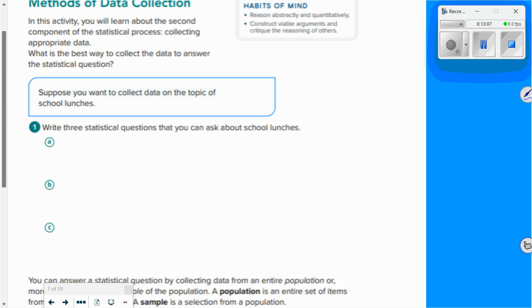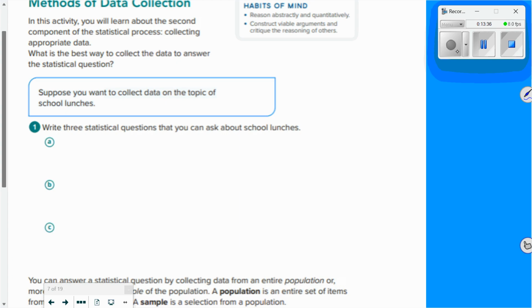Ellie? Can you make it more specific so it is a statistical question? Davian? How many people like pizza? Would that give you more than one answer? Yeah, they either yes they do or no they don't. Only one.